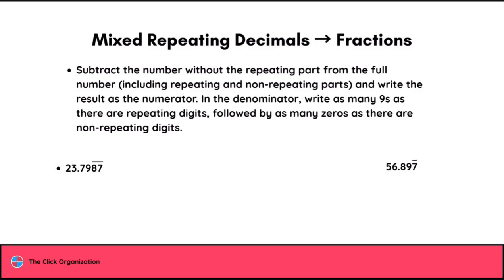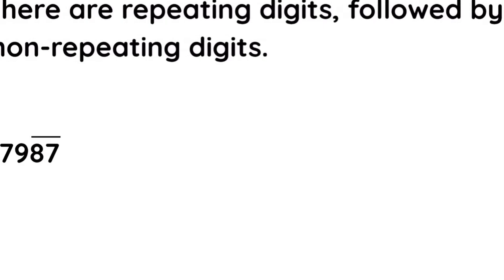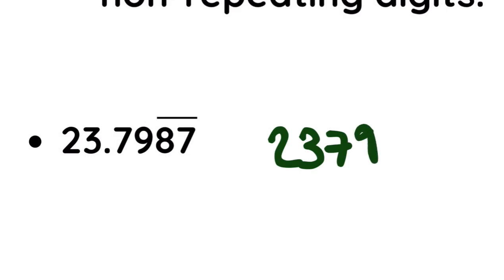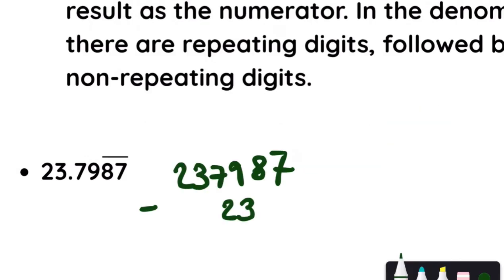Let's go with an example. I go with the same process for this one as well. 7987 subtracted by the non-repeating part, which is 2379. Okay, so let's do the subtraction quickly.